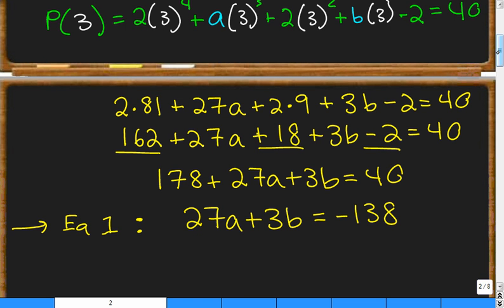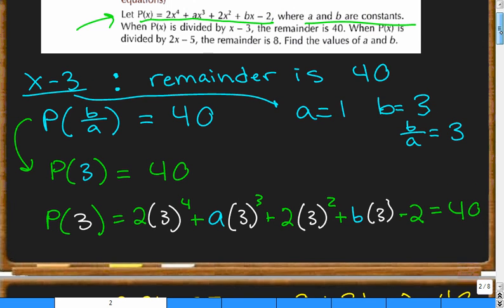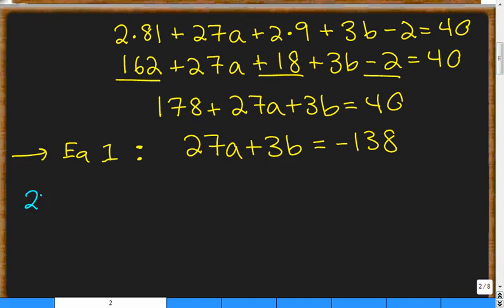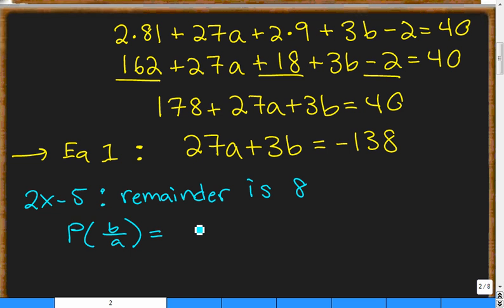For our second part, our second remainder said that when dividing by 2x minus 5, the remainder is 8. So for 2x minus 5, our remainder is 8. That means that P of B over A equals 8.